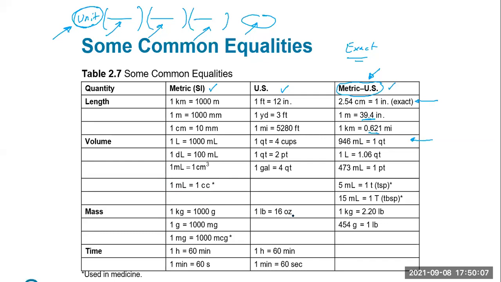Now, I'm sorry, I have another question. So do we have to memorize these in the metric system and the US system for the test, or are we going to be provided with the conversions? So you'll be provided with some of these. There's a review sheet, and on the review sheet, it'll say, for example, you should know this conversion here, which means it would probably not be provided for you.